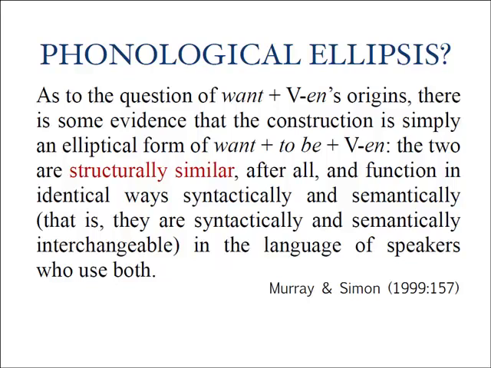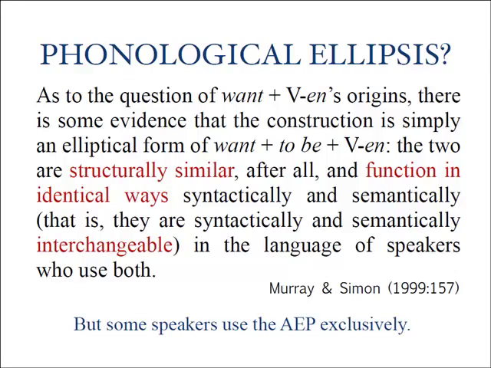And they say these things are structurally similar, right? So the AEP and the standard embedded passive function in identical ways, and they're syntactically and semantically interchangeable. This is something that I'm going to disagree with. I think this is not the case. One thing they also bring up is there are some speakers who use the AEP exclusively, right?